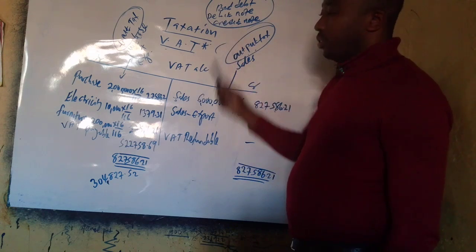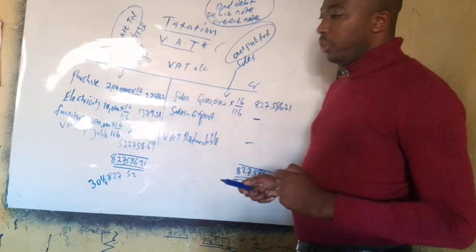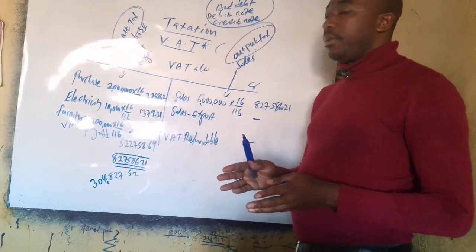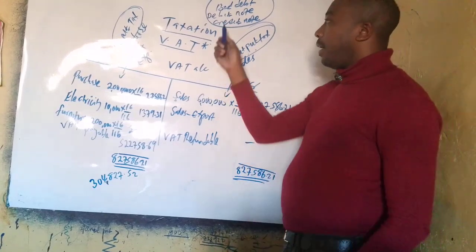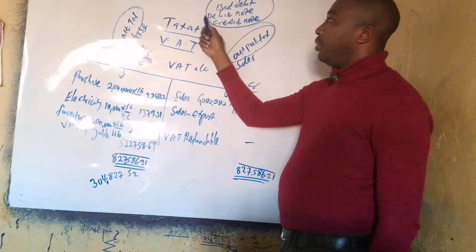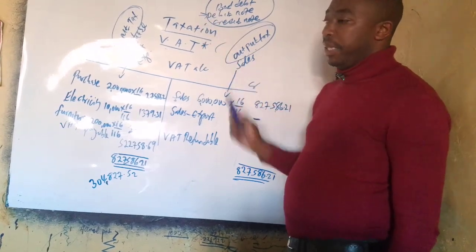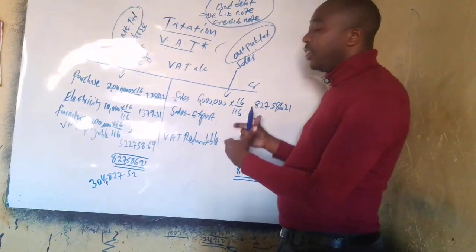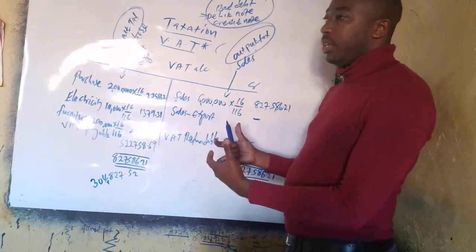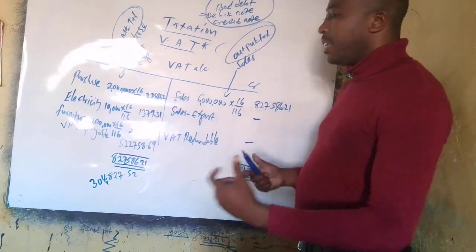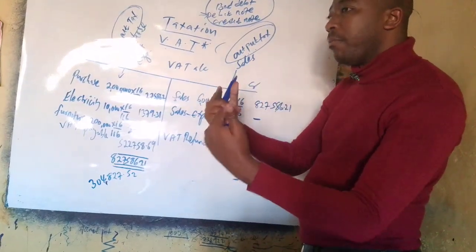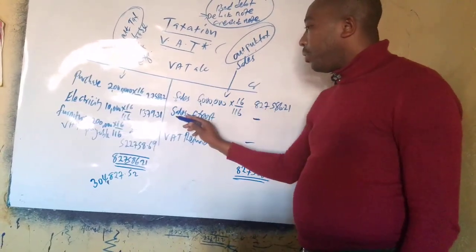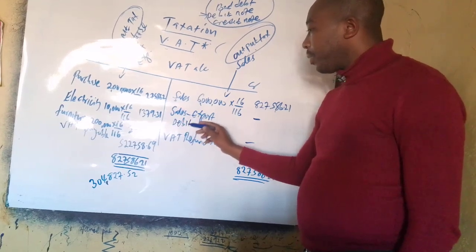The debit note is a note issued to correct underpayment. Meaning what? If it is the business that is issuing the debit note to a customer, it is demanding more money from the customer. And therefore, you come and record it here in case it is there.